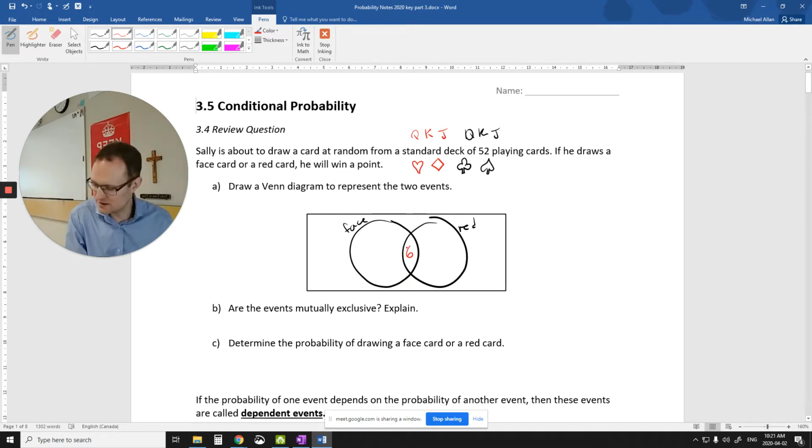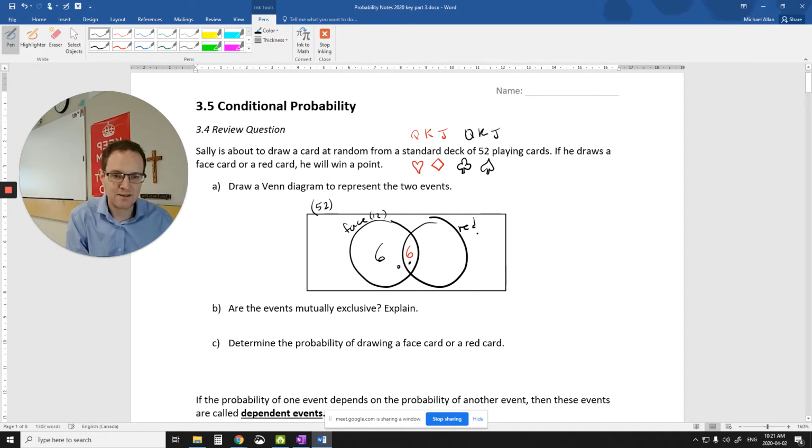How many red cards do we actually have, and how many face cards do we actually have? What we know is there are 52 cards in the deck. How many face cards are there? I could punch it into my calculator, but actually I don't have to. It's 3 times 4, so there are 12 face cards altogether. I'll put a 12 in here, which means this piece and this piece have to add to 12.